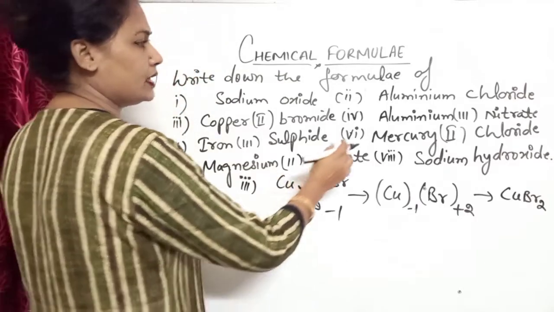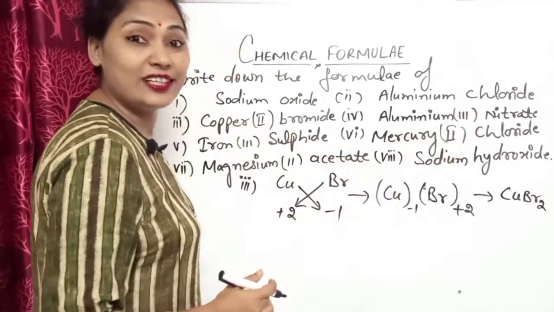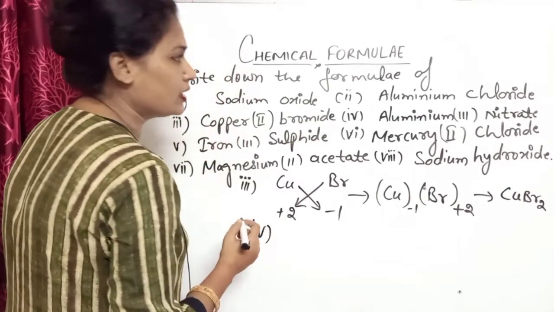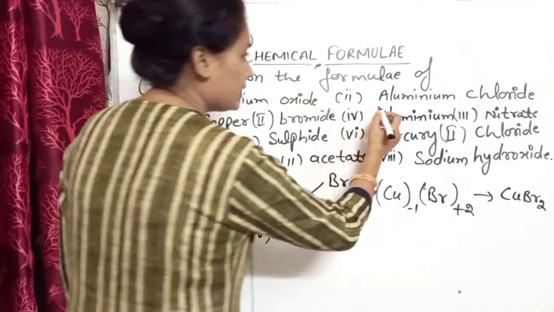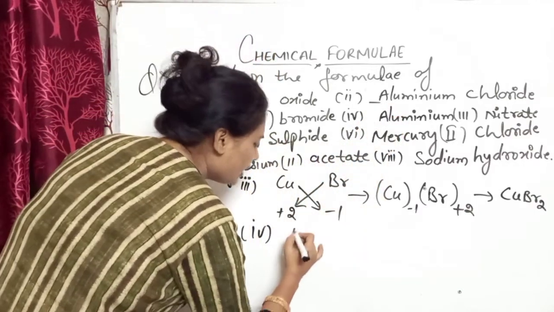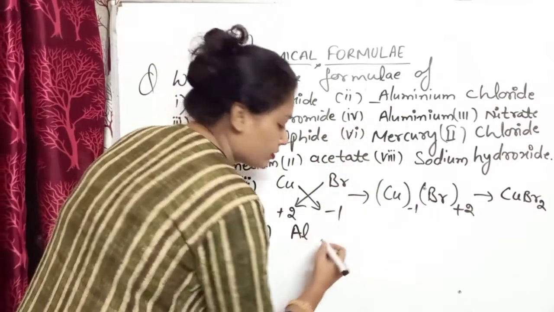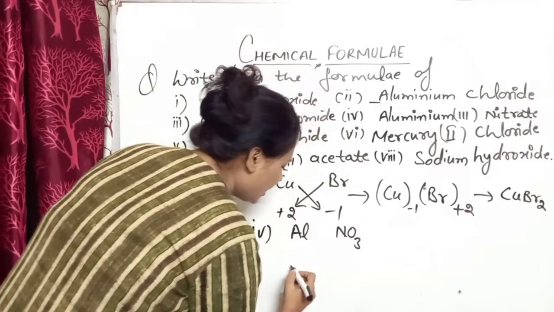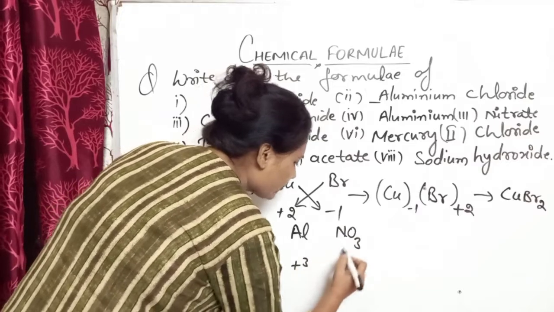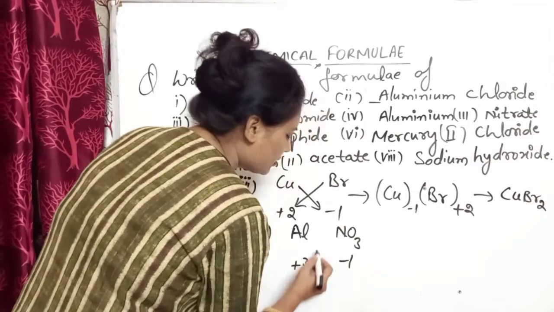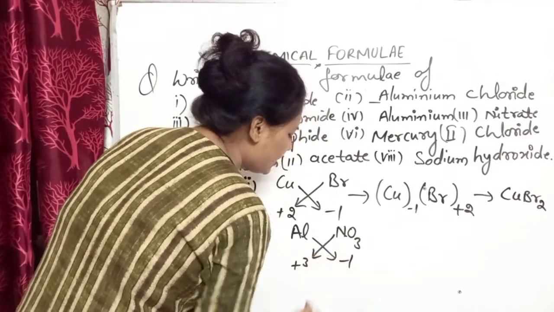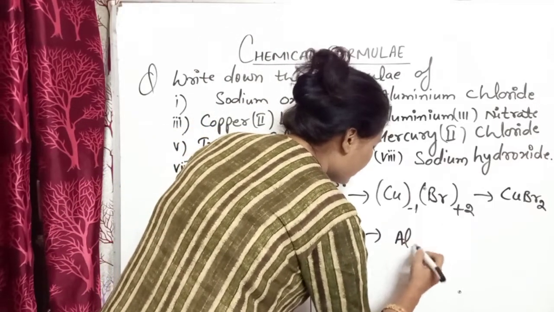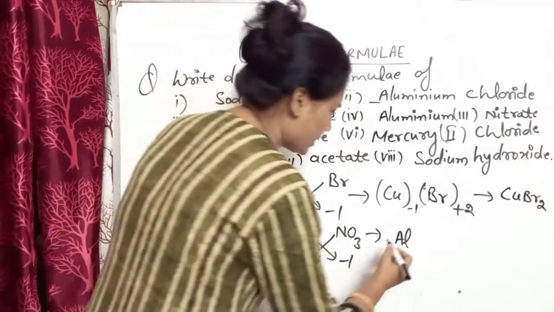Now next is aluminium(III) nitrate. So fourth is aluminium(III) nitrate. We can take that fourth one. For aluminium we write Al, for nitrate, NO3. The aluminium valency is +3 and for nitrate -1. You can cross over the valency and write the valency as a subscript by crossing it.